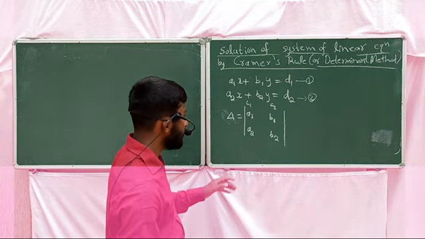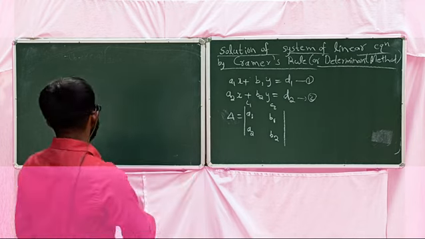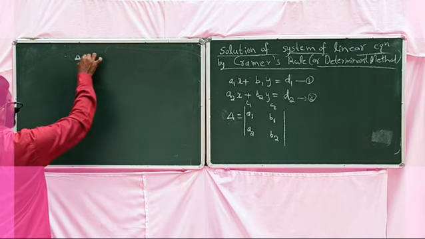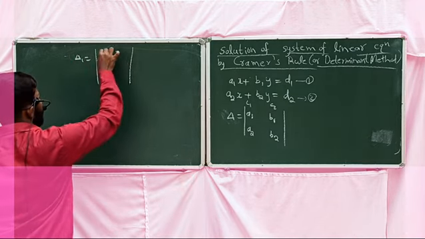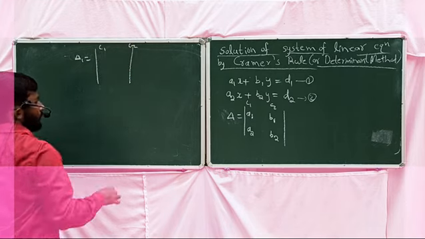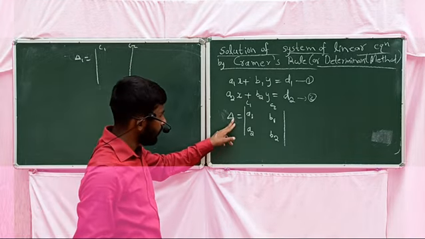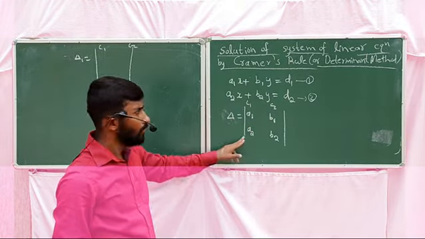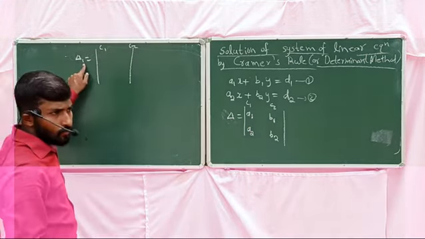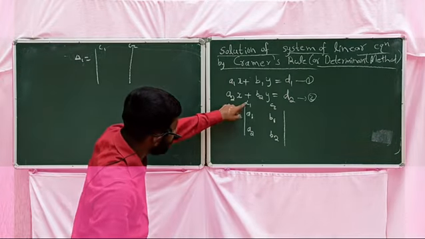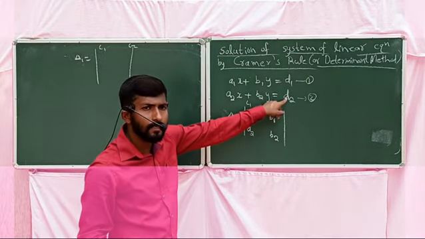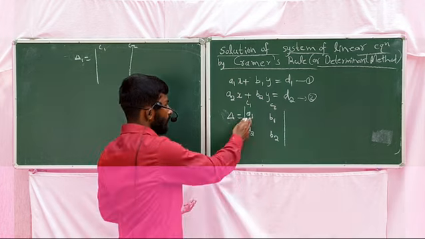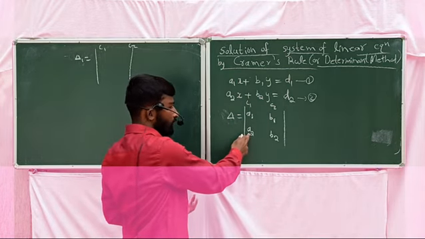In the next step, take delta 1. Again, see, column 1 and column 2 are there. In the delta value, you are taking column 1 as the coefficients of x. Delta 1 is obtained by replacing the column 1 entries by constant terms. That means here a1 is the coefficient of x, a2 is the coefficient of x.